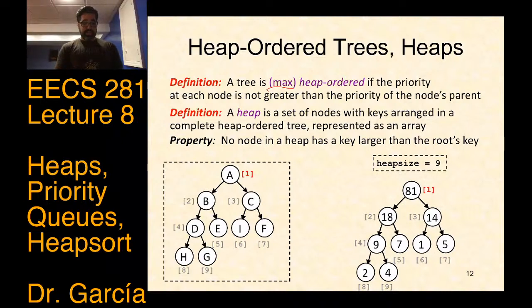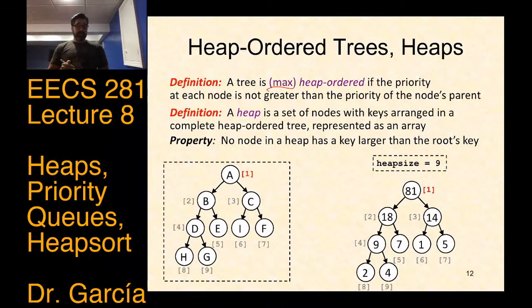And now let's say that our priorities are, 81 is the root node. That's the priority of the root node. And then 18 is the priority of its left child, 14 the priority of its right child, so on and so forth.